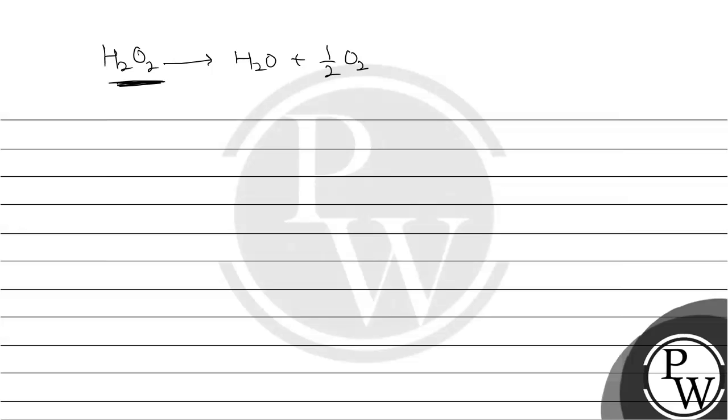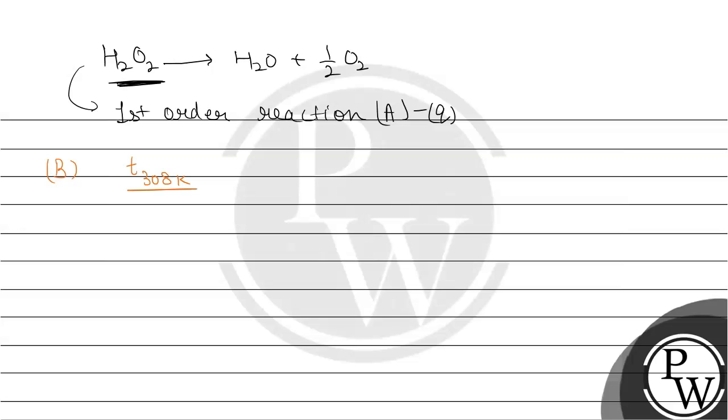So by this we can say जो order होगा reaction का that will be first order reaction. So जो हमारा A है column first का that matches to the Q of the column 2.